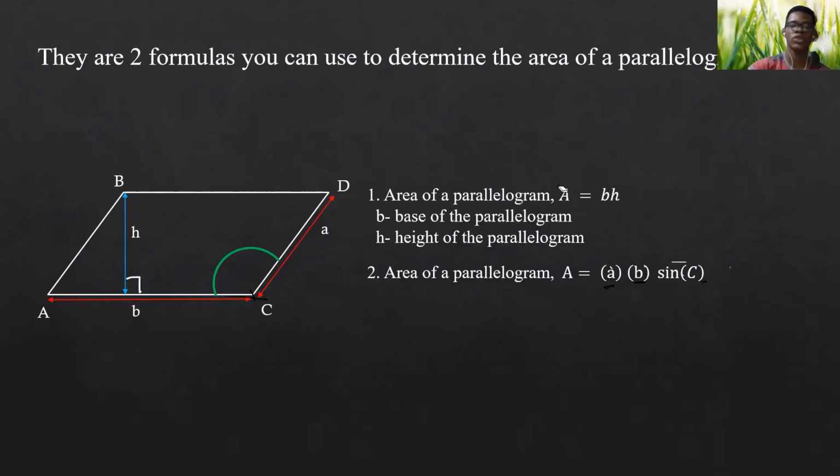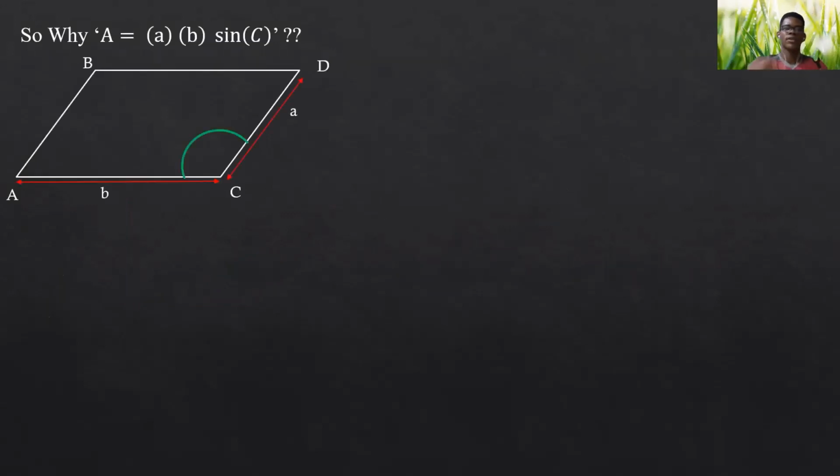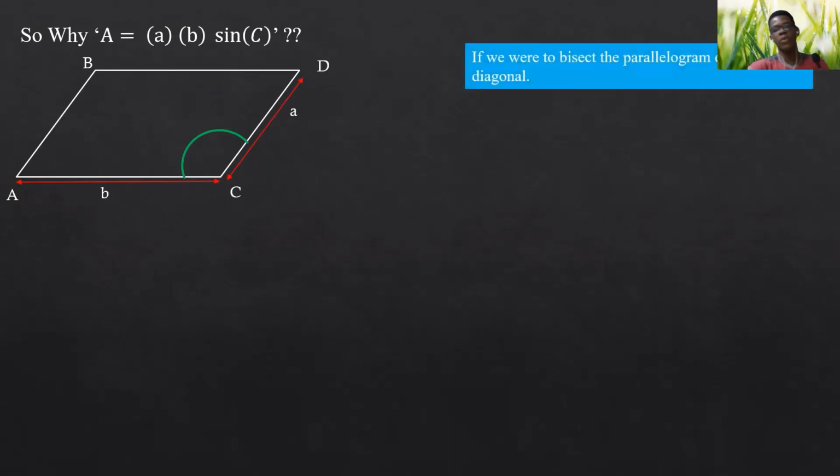It has to do with what I told you, which is that a parallelogram is basically two triangles, right? So let's say we have a parallelogram here and we bisect this parallelogram.